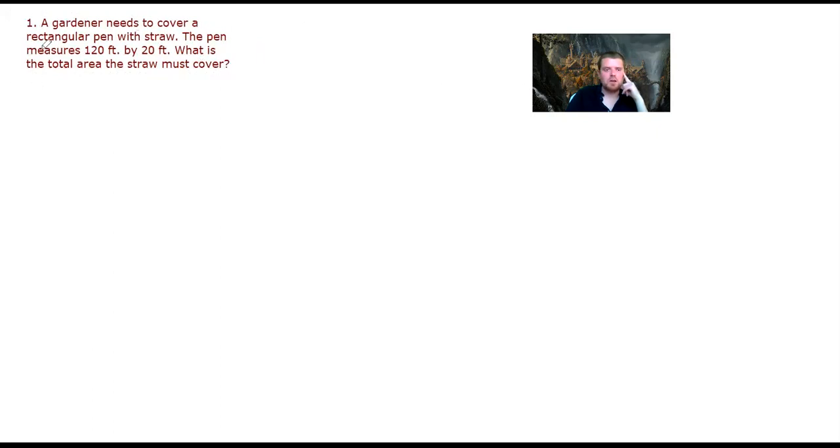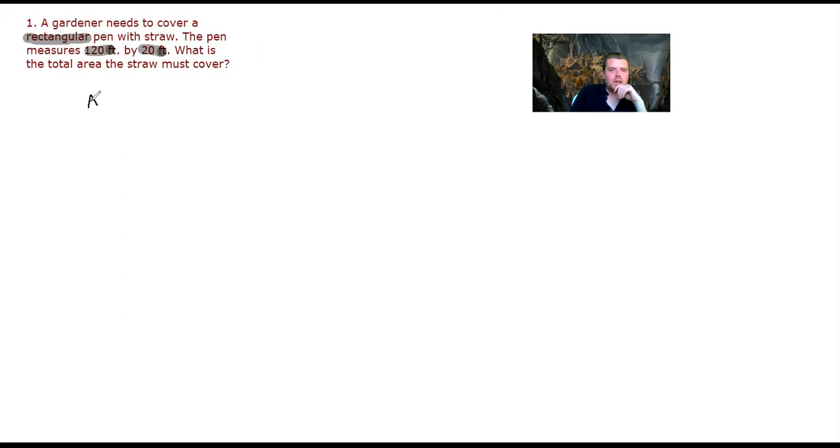So we go through this, yada, yada, yada. Okay, we have a rectangle. And what are my dimensions? 120 by 20 feet. Now, it doesn't specifically say the length is 120 and the width is 20, or the length is 20 and the width is 120. That doesn't matter because remember, multiplication is always commutative. 4 times 3 is the same as 3 times 4.